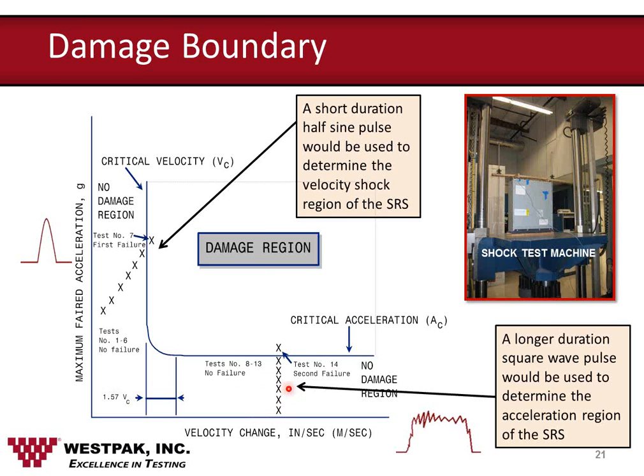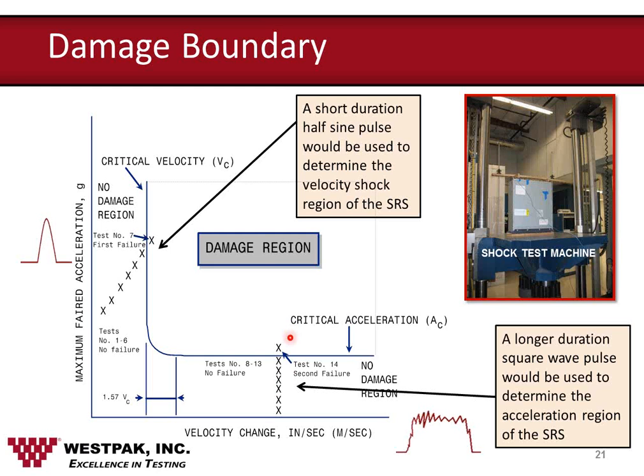The product is checked for damage, and if no damage has occurred, a slightly higher acceleration pulse is programmed with approximately the same velocity change. So the area under this pulse stays approximately the same, but we're increasing the amplitude level. We keep doing that with the same product, checking for failure, until a failure or damage of some sort occurs.